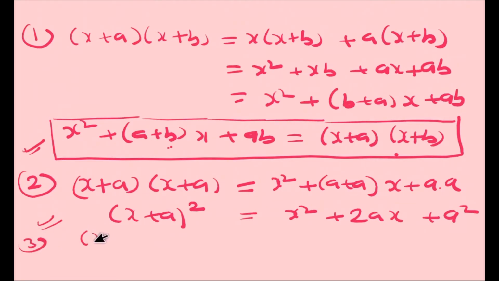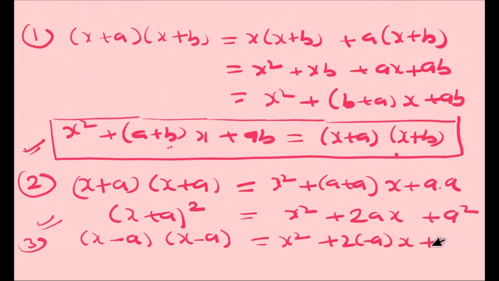Now what happens if x minus a and x minus a? In this formula we write minus a. So what is left here? x square plus 2 into minus ax plus minus a square.